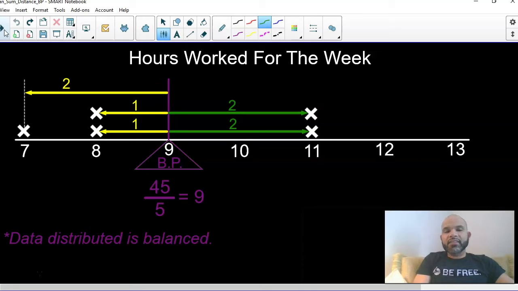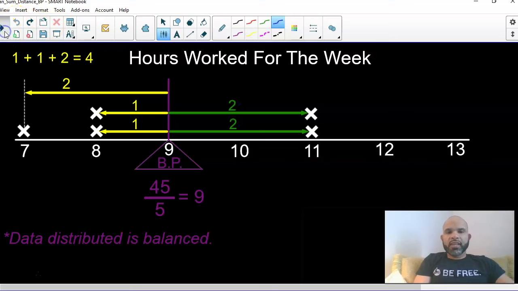Now, is this data distributed balanced? Well, if we add up those distances, 1 plus 1 plus 2, right? Here, this one plus this one plus that 2, we get a sum of 4. And if we add up the 2 2's, right?